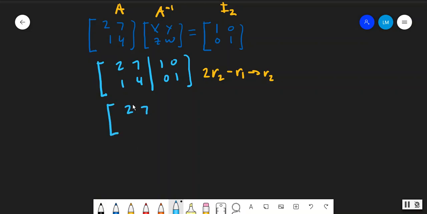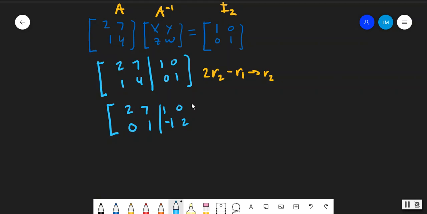Well, 2 minus 2 is 0. 2 times 4 is 8, minus the 7 is 1. And then we have 1, 0, and negative 1, and then a 2. Okay, everything looks fine so far.